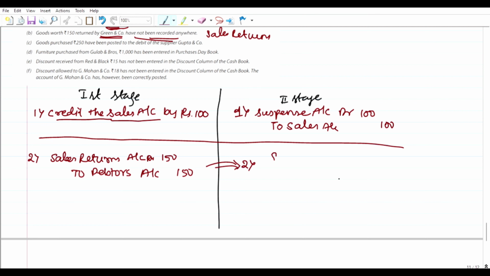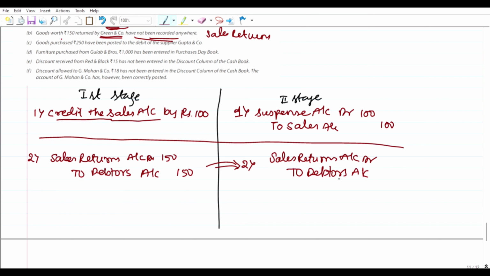What is that entry? Sales returns account debit to debtors account. You know that debtors is always a personal account, and you know all three types of personal accounts: artificial personal accounts, natural personal accounts, and representative personal accounts.